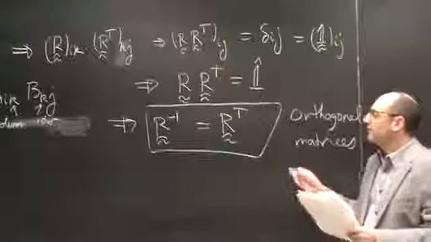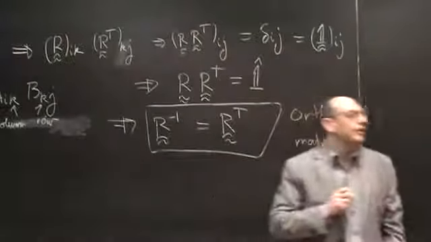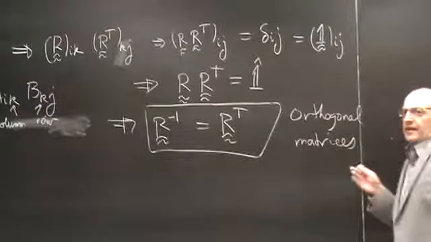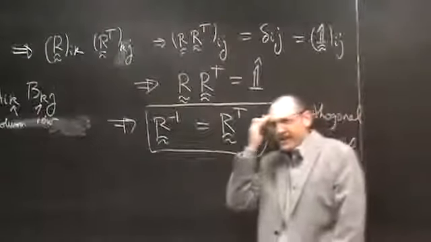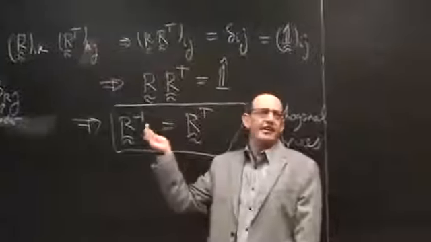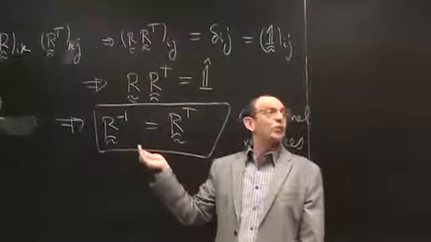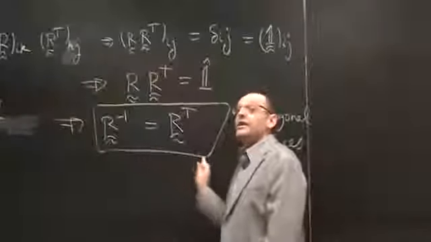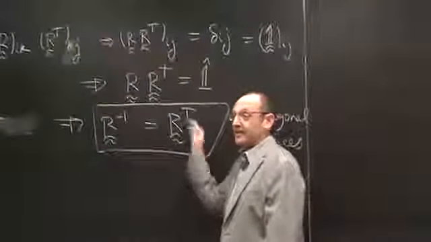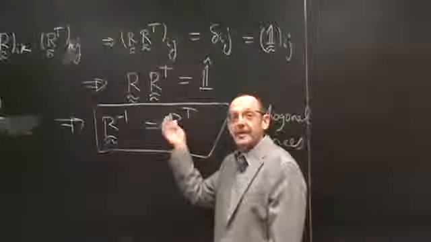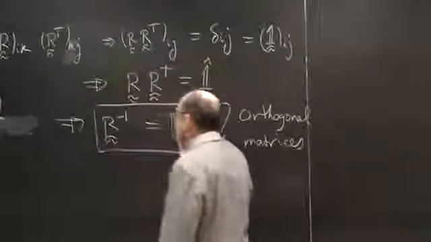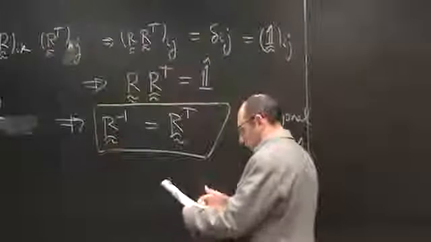An orthogonal matrix is one whose inverse is equal to its transpose. You might remember if I had a complex vector space, like in Hilbert space, then those are unitary matrices, because I have to take not only the transpose, but the conjugate, which is the adjoint. Just a little aside there. All right.